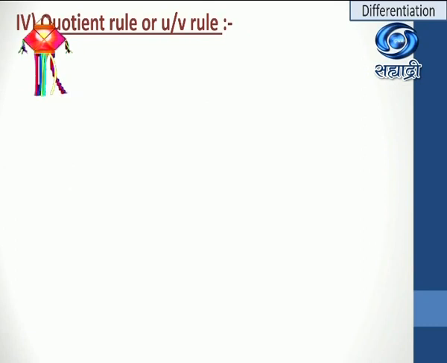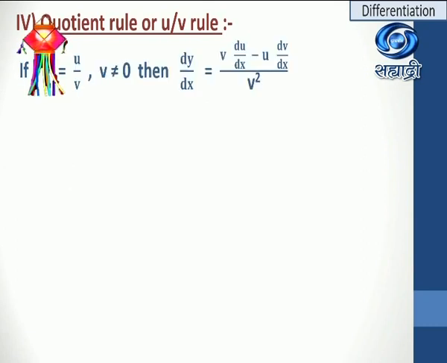Next rule, quotient rule or u upon v rule. If y is equals to u upon v, where v is not equals to 0, then dy by dx is equals to v into du by dx minus u into dv by dx upon v square. Here y is the quotient of two functions u and v. Here u is numerator and v is denominator.